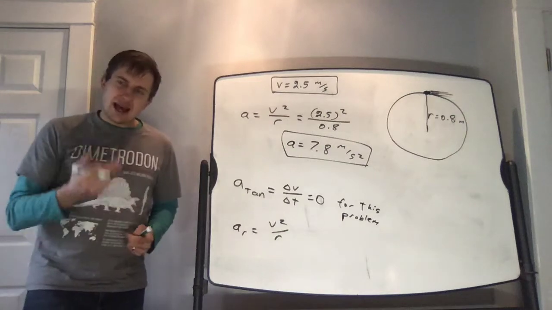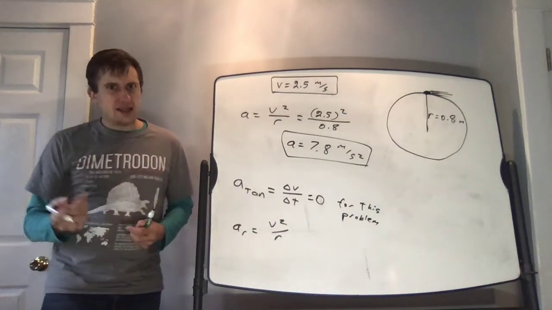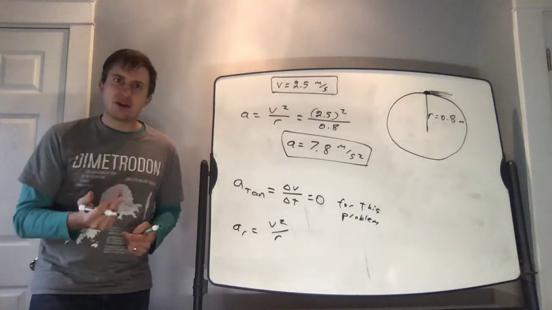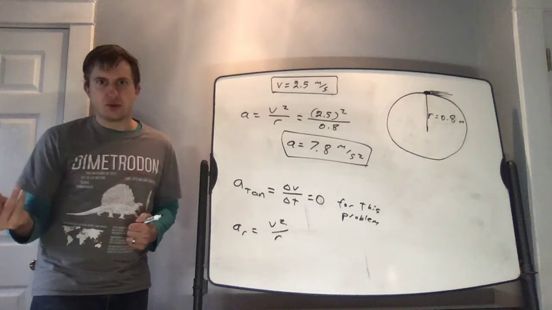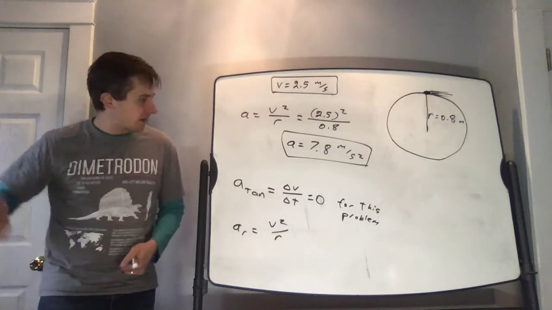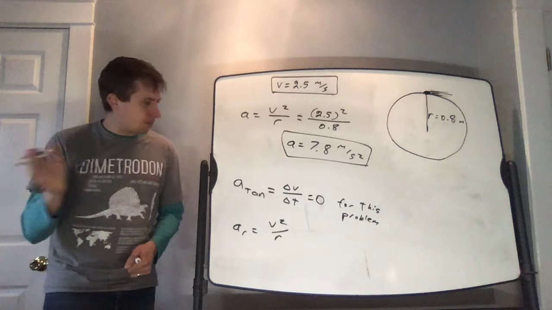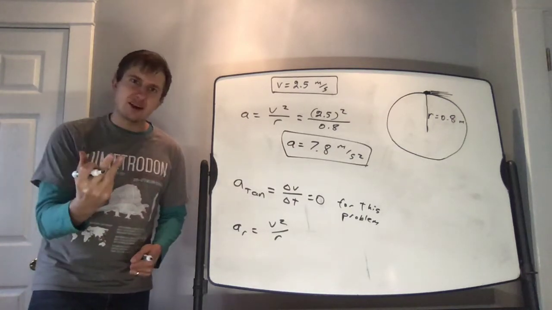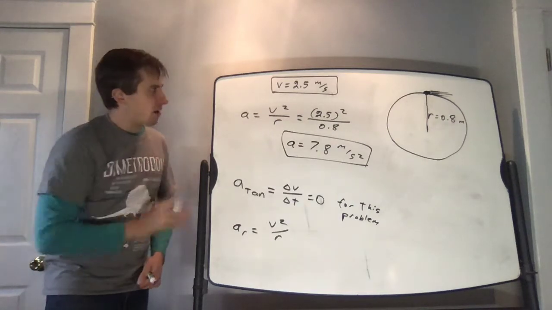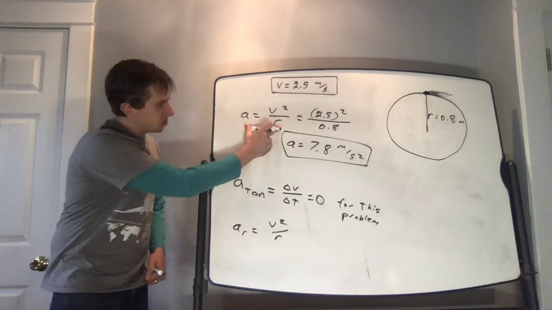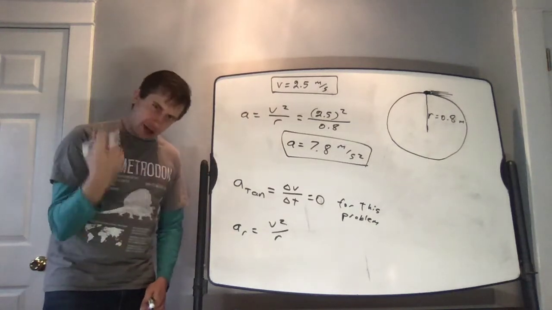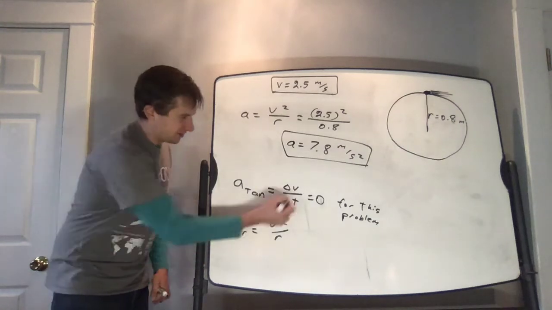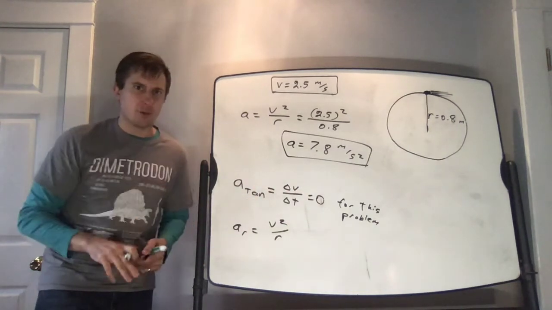And when I think about how the magnitude of a vector is related to its components, the magnitude of a vector can always be related to its components by the Pythagorean theorem. Now, for this specific example, one of the components of the acceleration vector is 0. So the entire magnitude of the acceleration vector for this problem will just be equal to the radial component, because for this specific example, A tangential is 0.